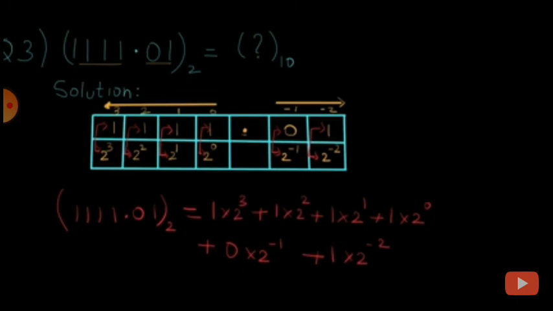On calculating the integer part, we get the value as 15, and on calculating the fractional part, we get the value as 0.25, which gives us our final value, 15.25.